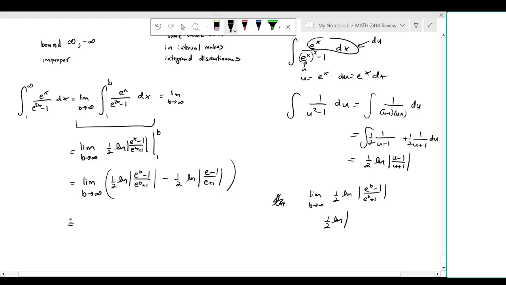And if you need to, use L'Hopital's, but if you do, you're going to get 1 for that limit on the inside. I hope you see why that would be. So you get 0. All right, so the limit of that first term is 0 as b goes to infinity. And the limit of the second term does not involve b. It's a constant as far as b is concerned.